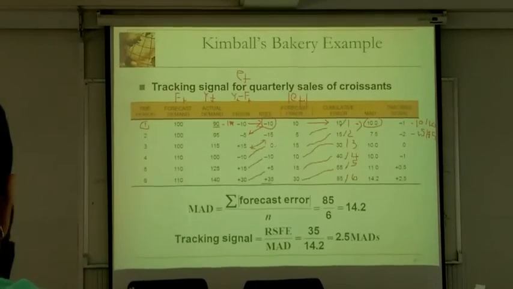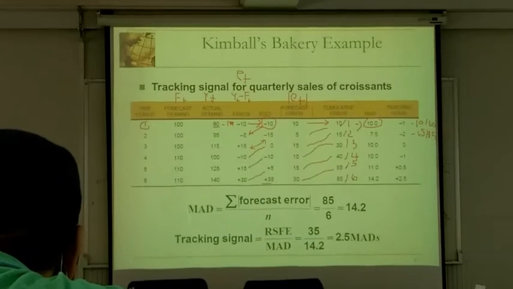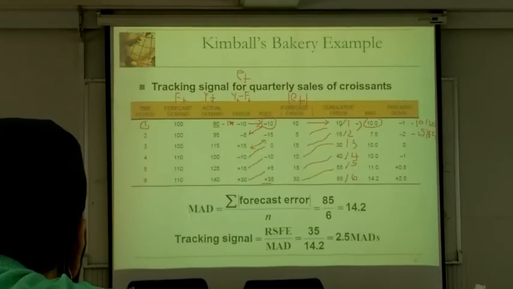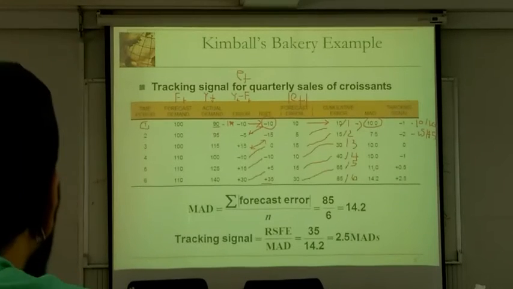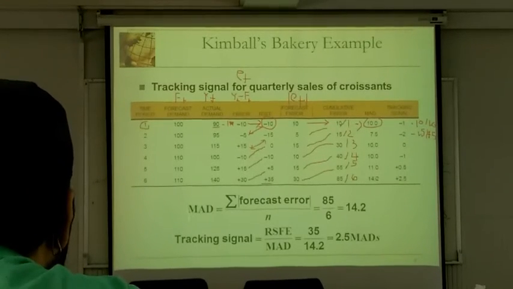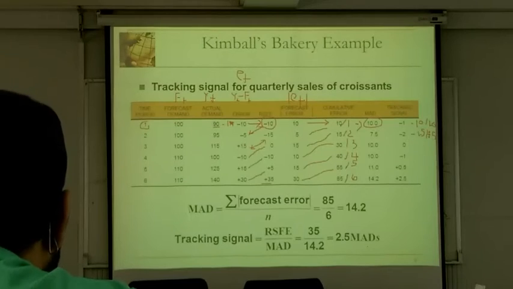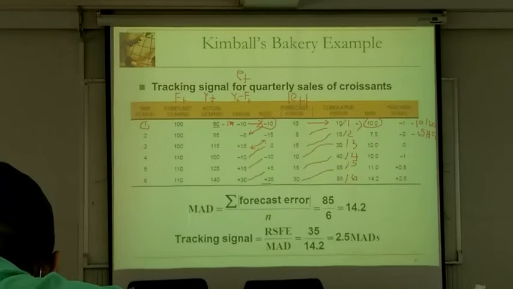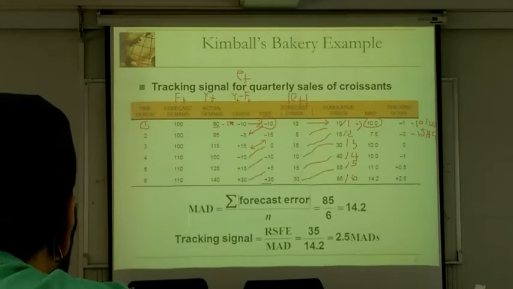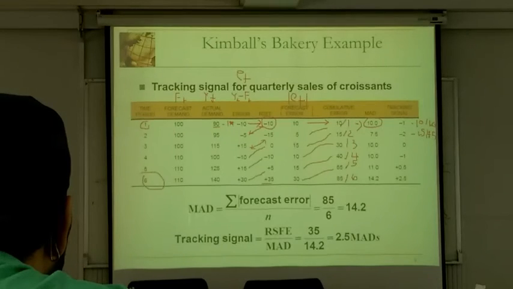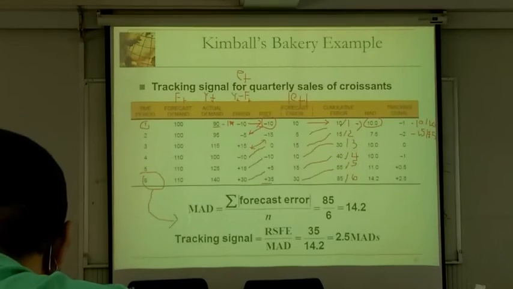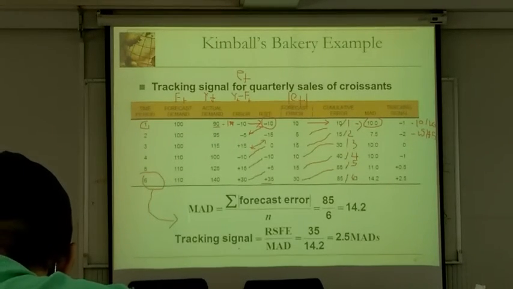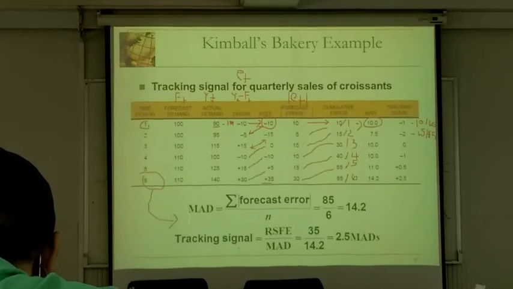And so on. So next one is 0 divided by 10. Minus 10 divided by 10. 5 divided by 11. 35 divided by 14.2 and so on. So this is just an example on the 6th period. That's how you compute MAD and tracking signal in the 6th period.